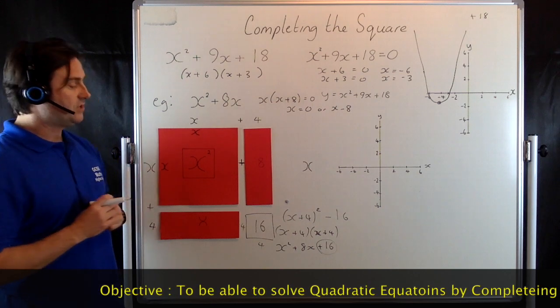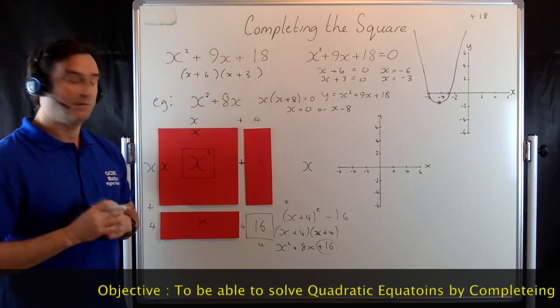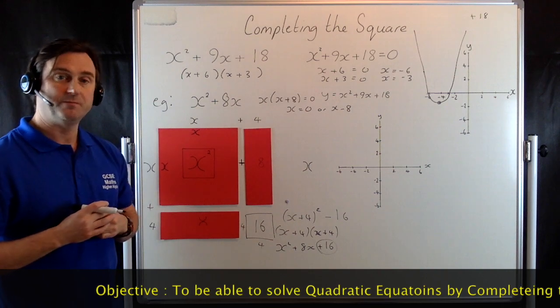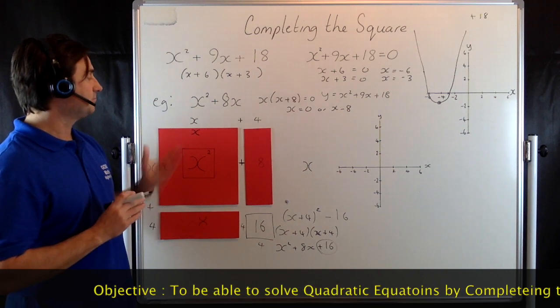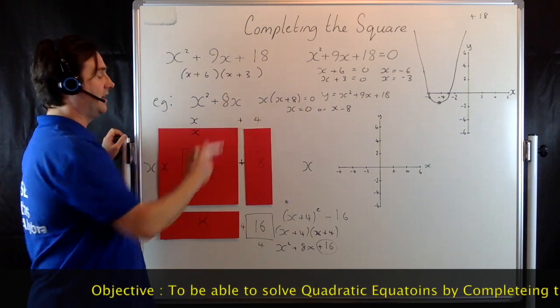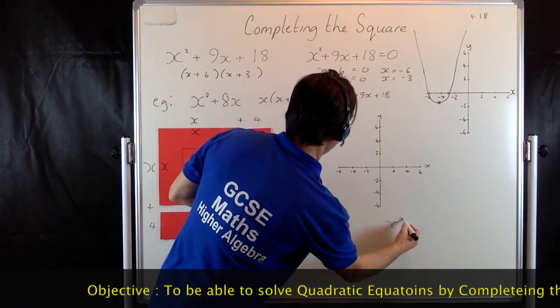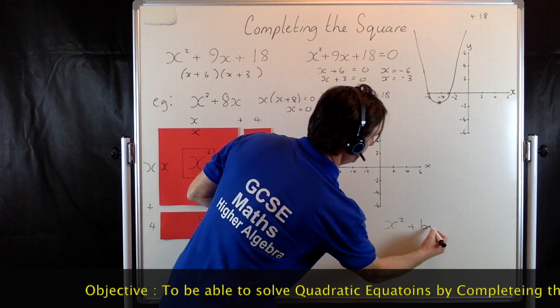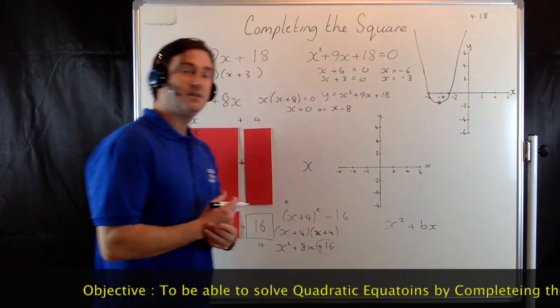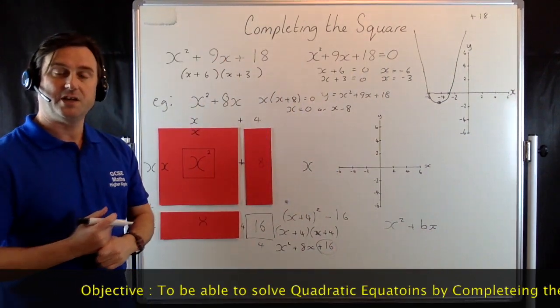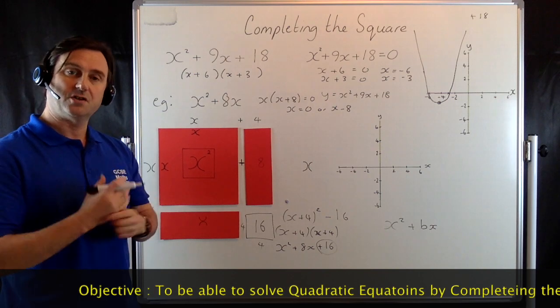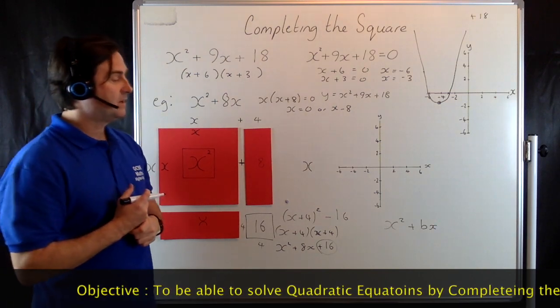So what can we do? We can generalize this a little bit, and we can write it in its general form. So if, for example, I wrote, let's say, x squared plus bx, and I'm now going to complete the square on x squared plus bx and look at it in its general format.